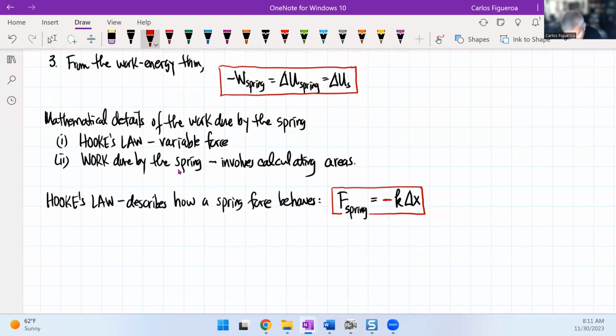And what you're going to find here is that the negative sign is probably not an important thing that I can think of that we really need right now.